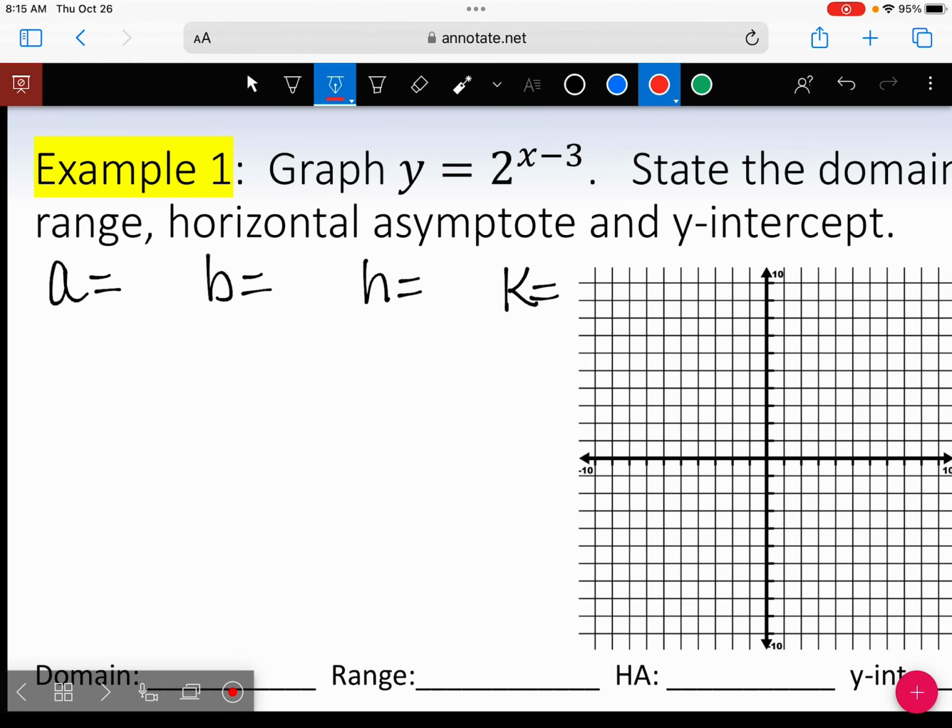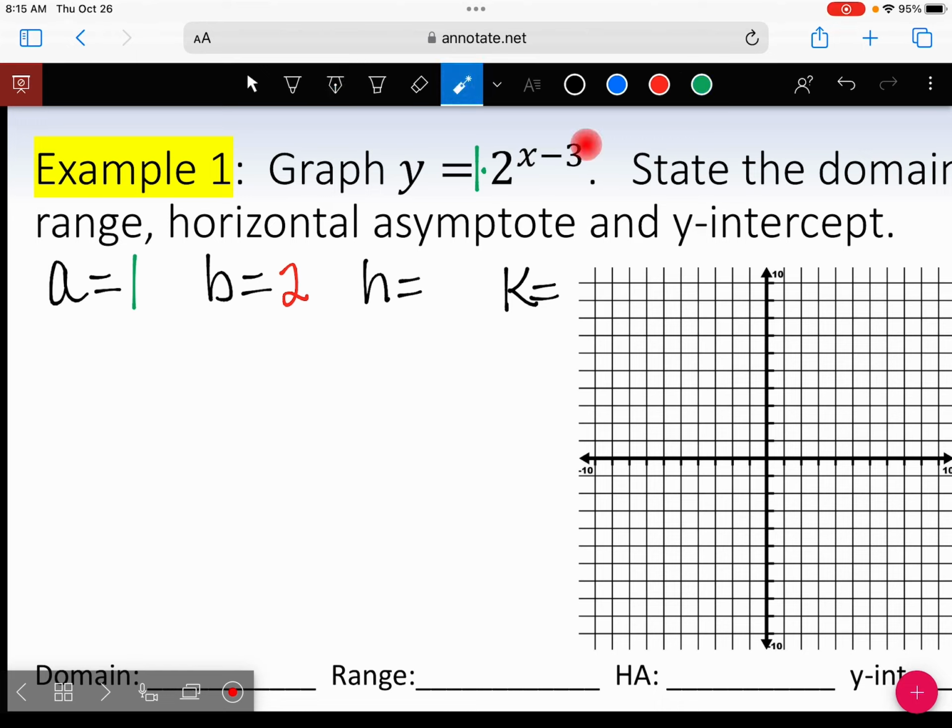Your base is what is attached to your exponent. The base has to be positive. So in this example, the base is 2. The A value is in front of 2. It's invisible. So when you don't see a number, that means it is 1. There is an invisible 1 in front of that 2.